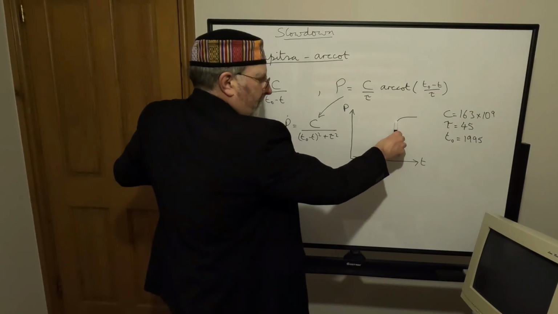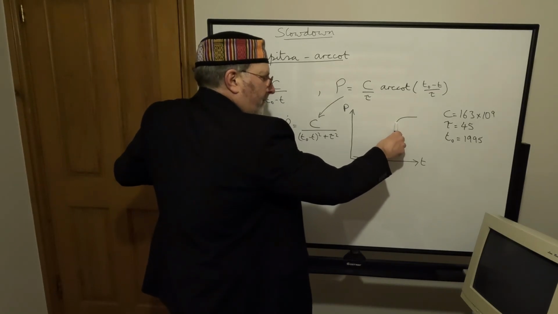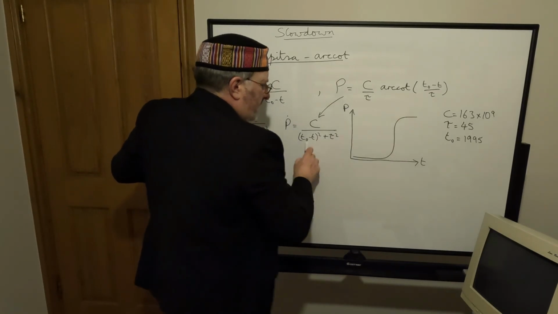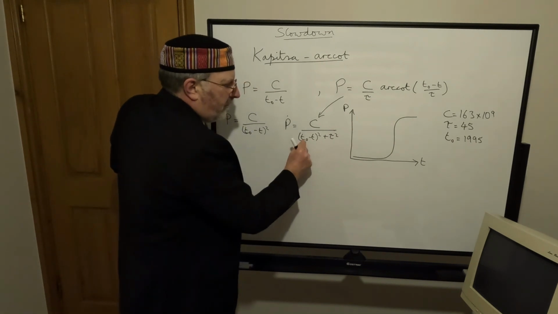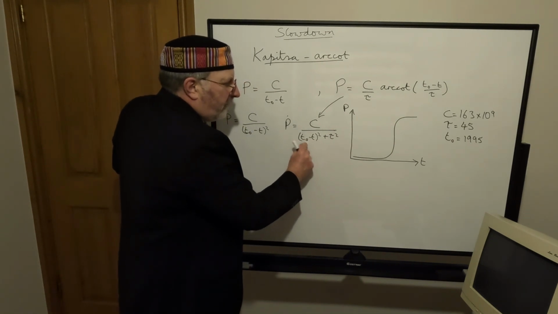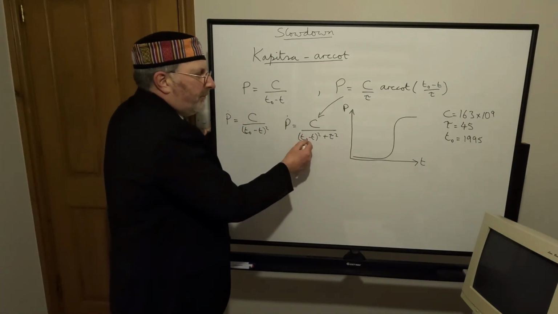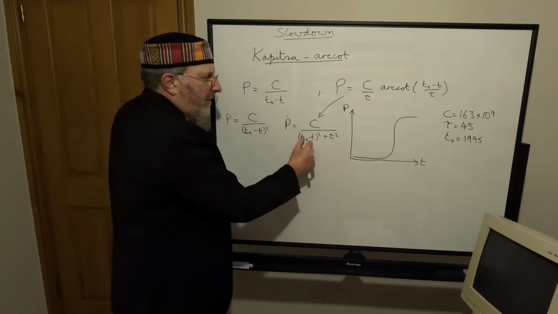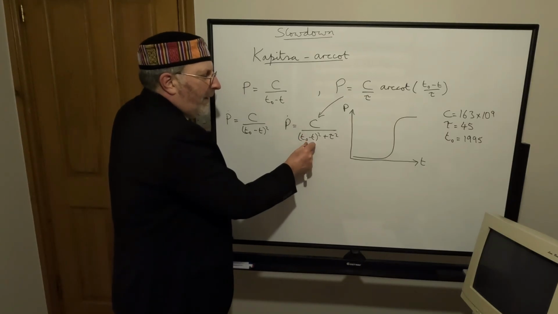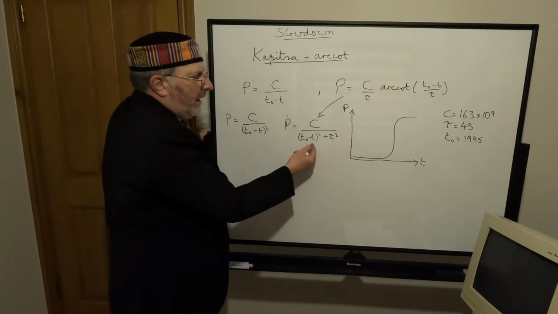And so P dot here doesn't become vertical. It's still got a slight slope to it, and then as T goes beyond T0, T0 minus T would be negative, because T is greater than T0 now, but because it's squared, it's symmetrical.